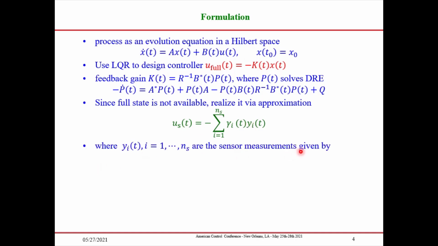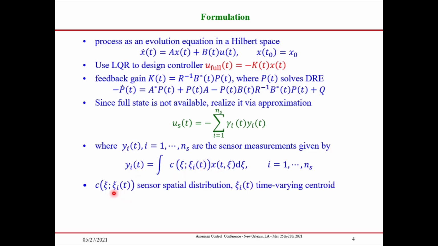Y sub I are the sensor measurements given by this expression here. C is the spatial distribution of the sensing devices. X sub I are the sensor locations. So actually, this inner product gives you basically a scalar quantity, which is the ith sensor measurement. So this is the sensor spatial distribution and depends on the spatial variable C and the time-varying centroid, or the sensor location.